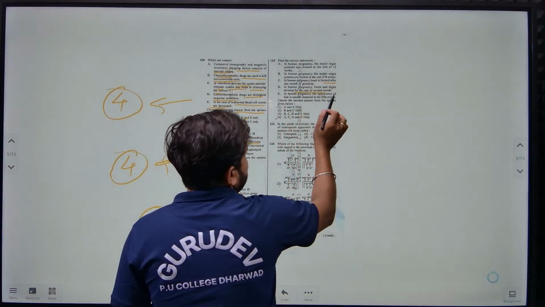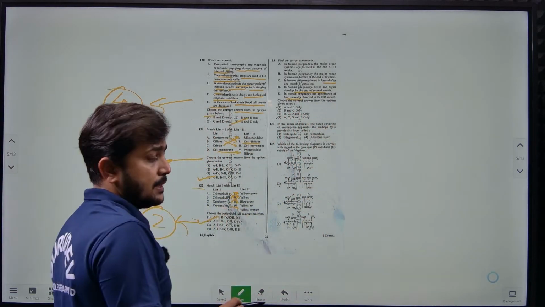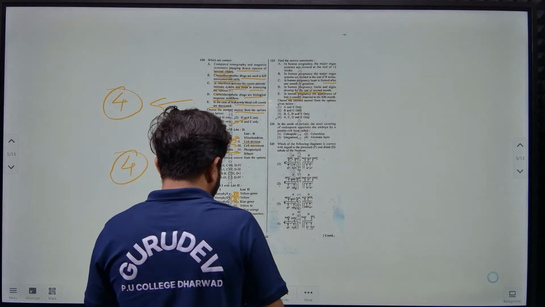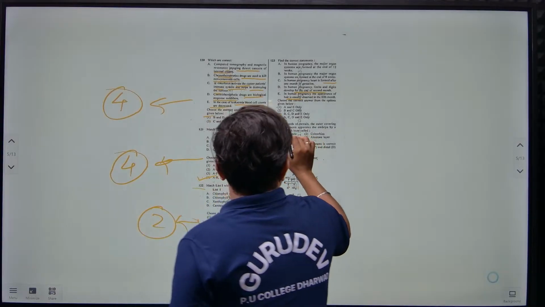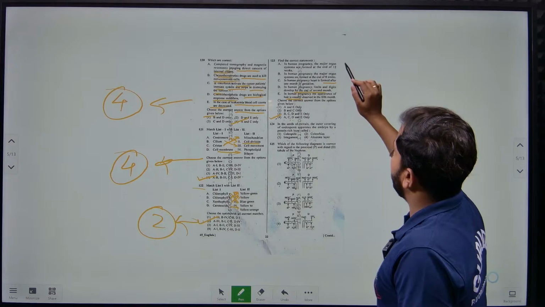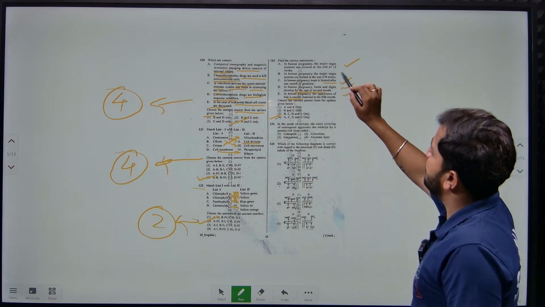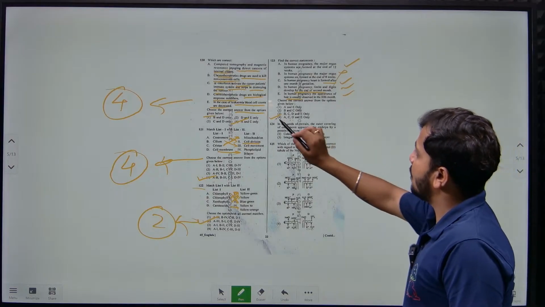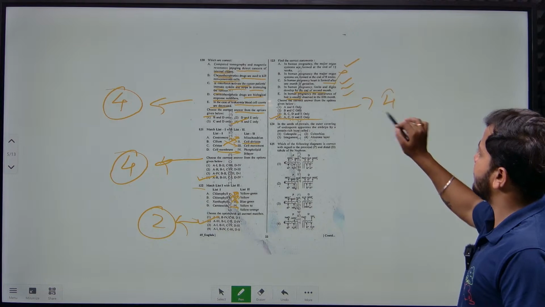In human pregnancy, the appearance of hair is usually observed in the 5th month, right? So based on that, if I consider here, option 4 is correct, that is A, C, D and E only, right? So B itself is wrong. So according to that, A, C, D, the 4th option is correct, right?